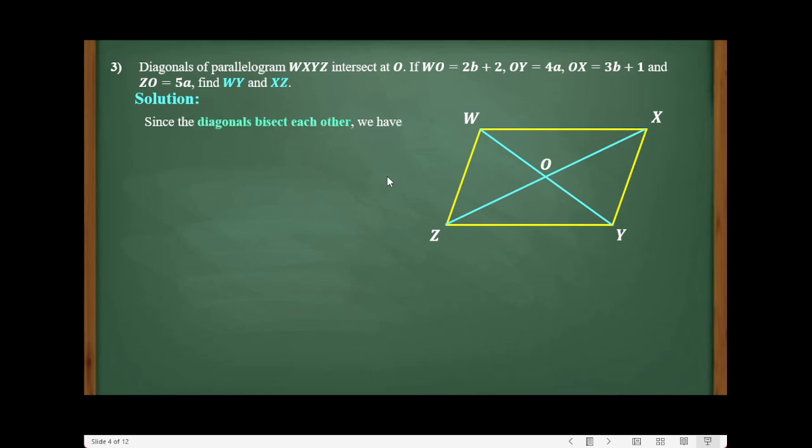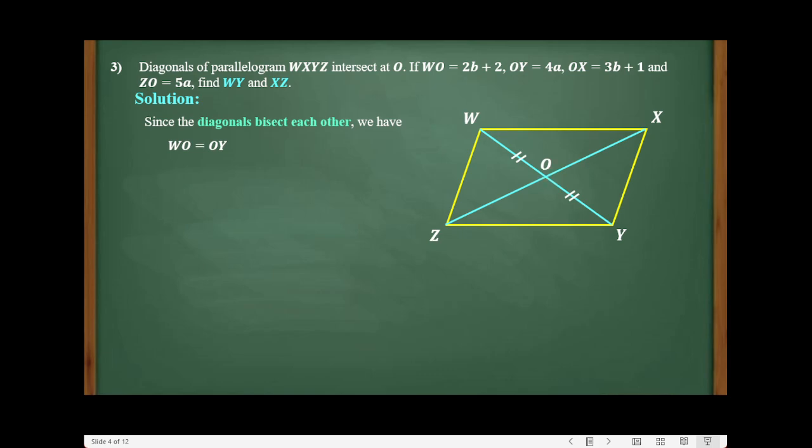But first, the property that we're going to apply here to compute the length of these two diagonals is this: the diagonals bisect each other. So meaning point O is the midpoint of each of these two diagonals.